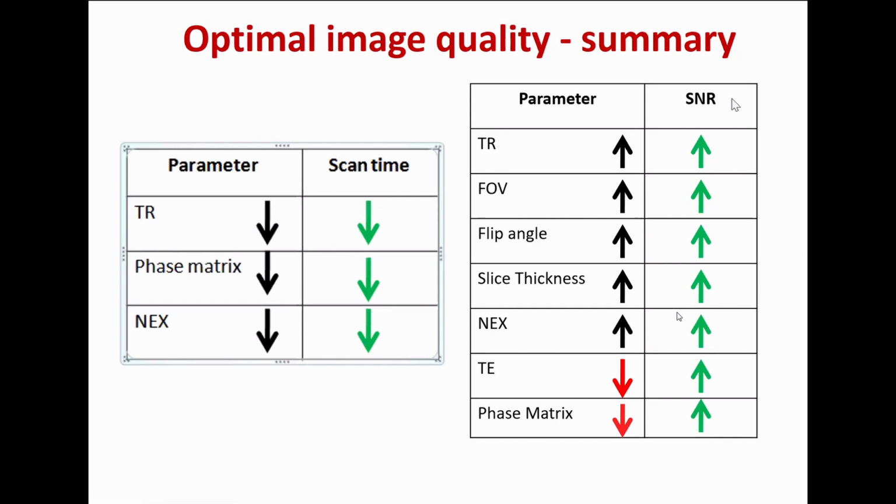And when it comes to SNR, where you get more SNR, you increase the TR, increase the FOV, increase the flip angle, increase the slice thickness, and increase the number of averages as much as possible. But when it comes to TE, try to bring down the TE and your phase matrix. So if you do all this, you get images in a reasonable scan time, you get better quality, right? So, done with the image quality.